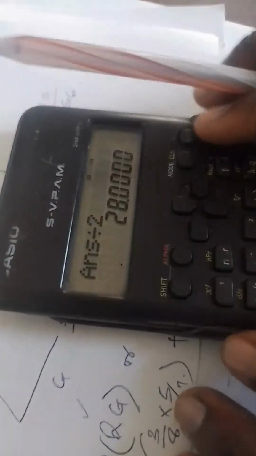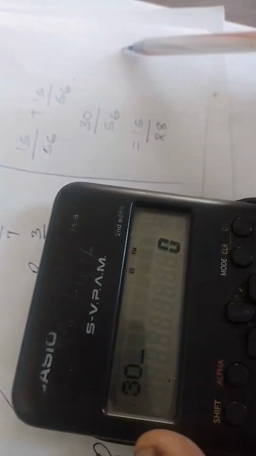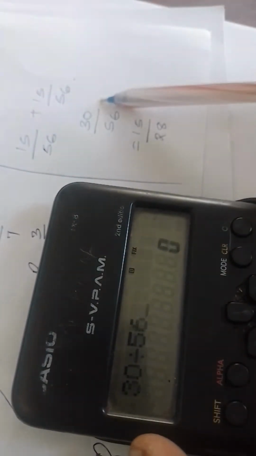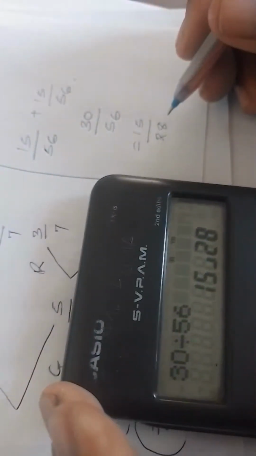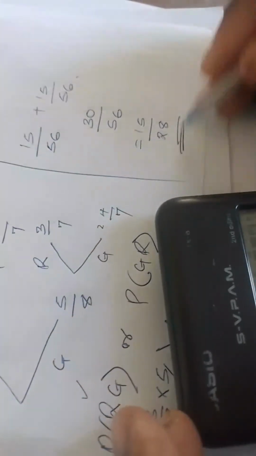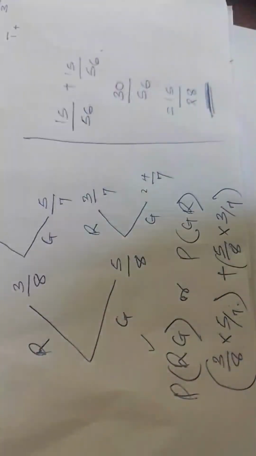I think it's correct. Then that one will be the same as 30 divided by 56. This one is the same as 15 over 28. If there is a correction, you can let me know.